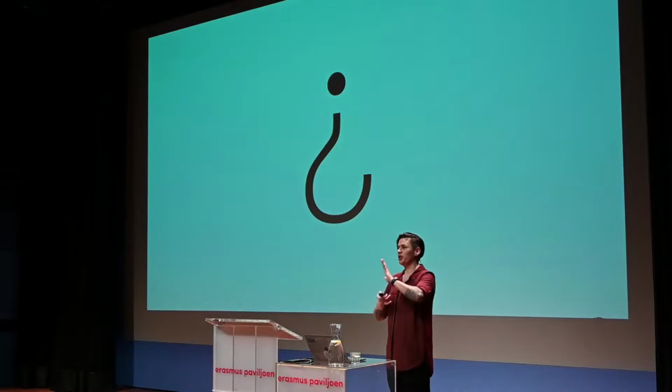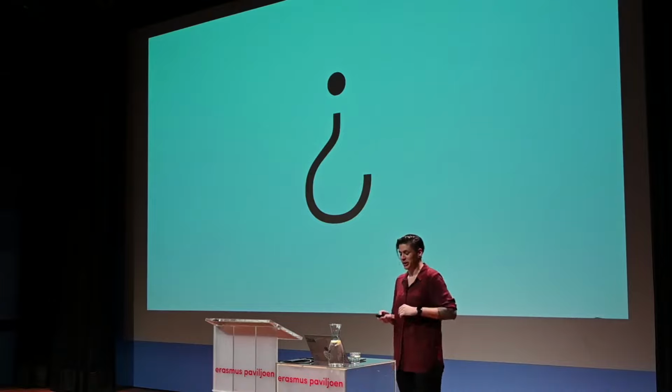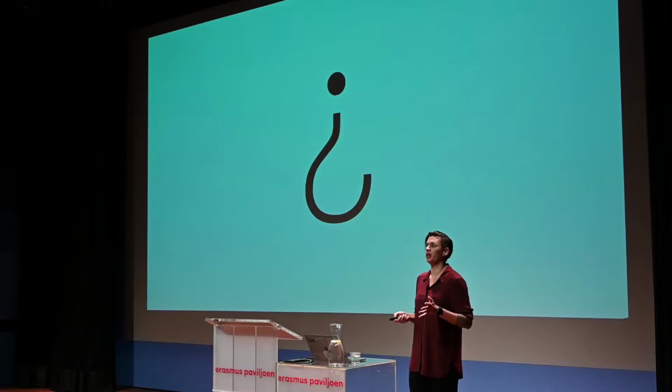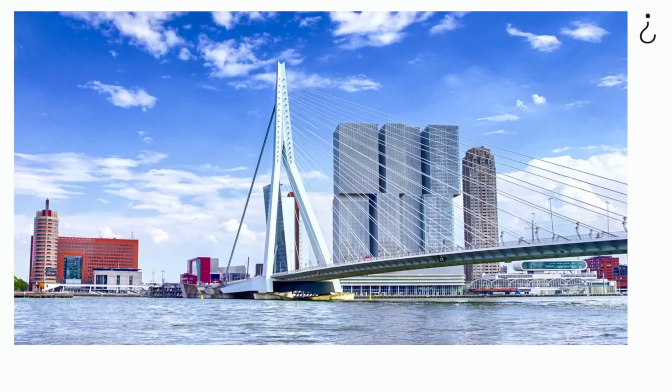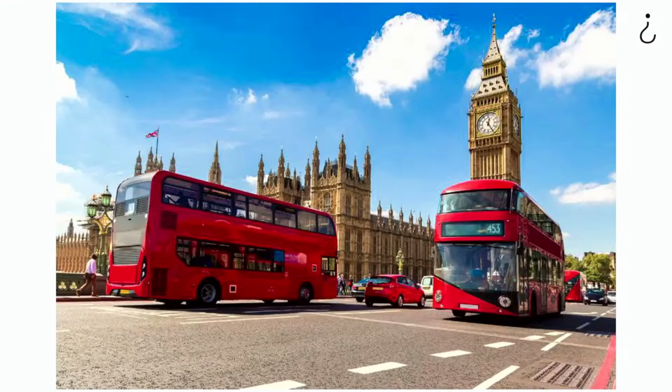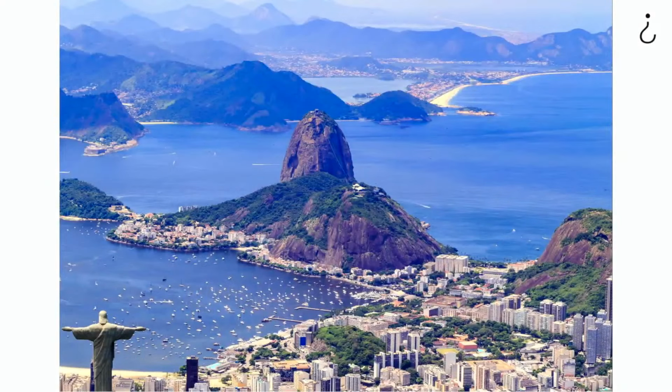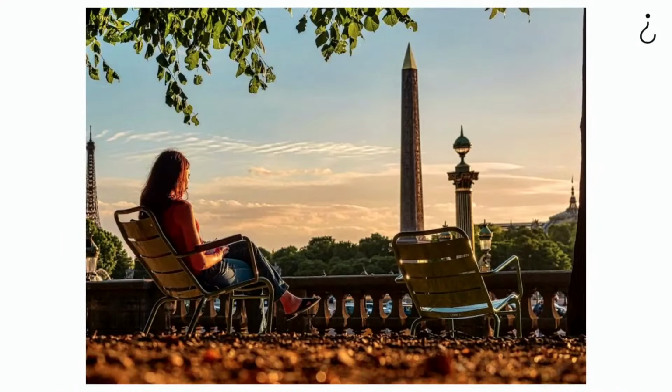Okay, please feel free, raise your hand, shout, I don't care. But who can tell me where this is? Don't be shy, come on. Rotterdam. Who can tell me where this is? Who can tell me where this is? And this?